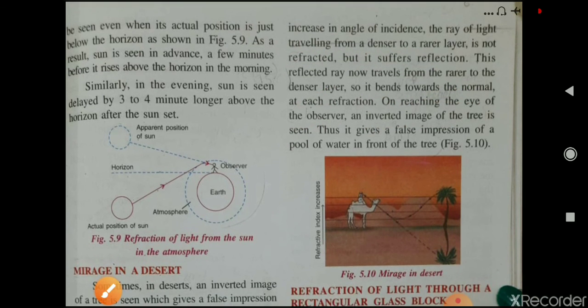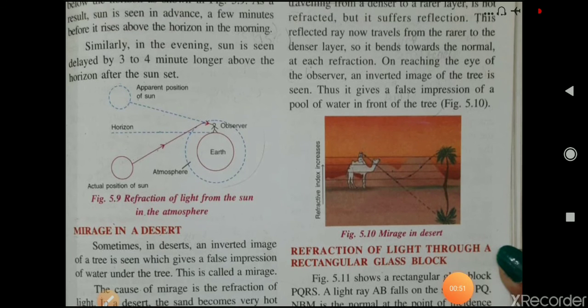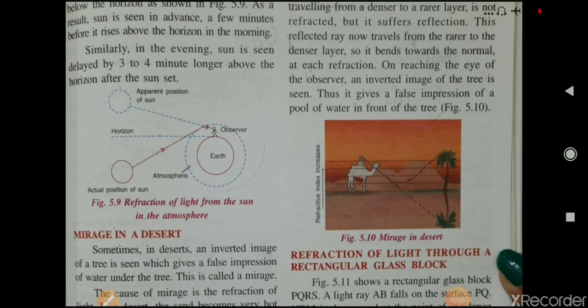Okay, why? Because when the light rays from the sun travel from a rarer to a denser medium, they bend towards the normal, and at each refraction the angle of incidence and refraction increases, and therefore the tree appears to be inverted.